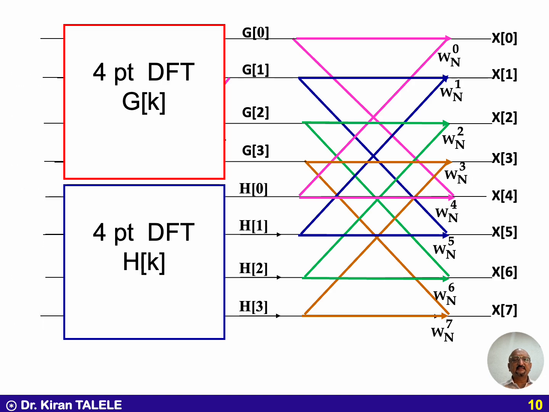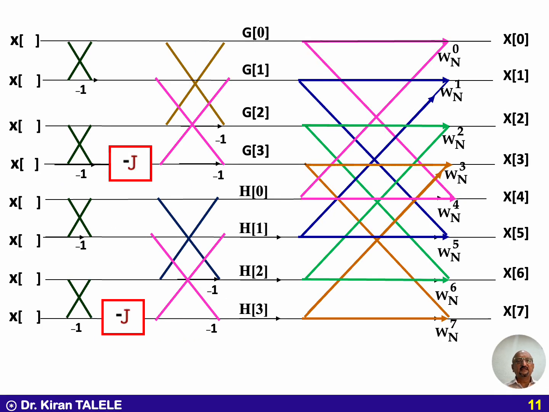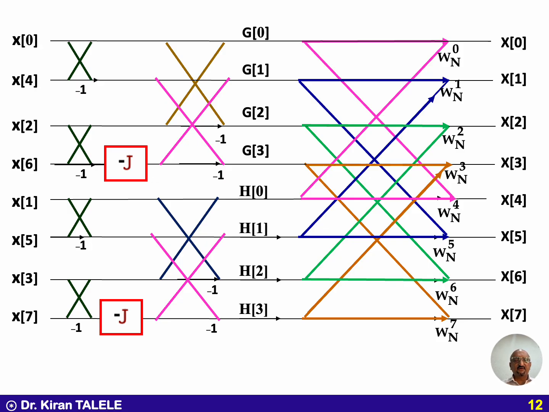Order will always be alternate order. So DFT replaced by FFT, the order of the input changes. This order is always alternate order, that is x of 0, x of 4, x of 2, x of 6. And here 1, 5, 3, 7.